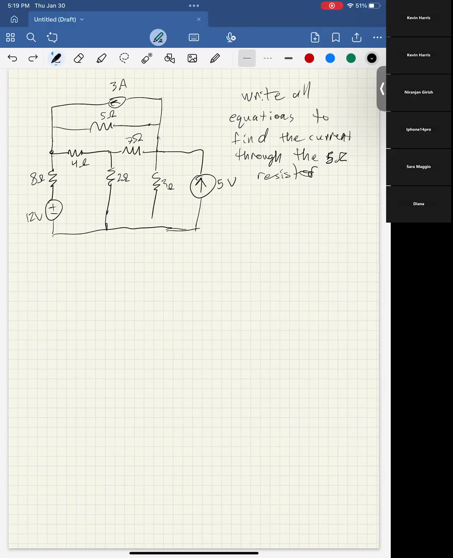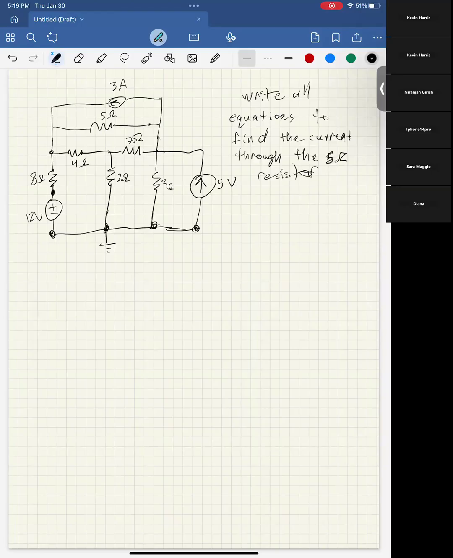So in this case, what we want to do first is define something as 0 volts, which in this class, I cannot think of a time when it has not been just the bottom section. So this is 0 volts, this is 0 volts, this is 0 volts, this is 0 volts. They're all connected by wires. It's all 0 volts. And then we define the important nodes, I think, the ones you define as variables are the ones where more than two elements meet.